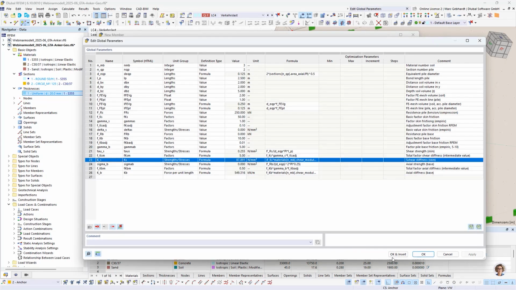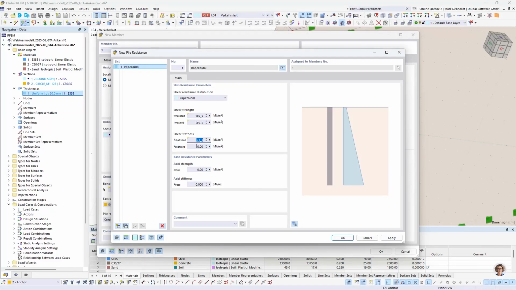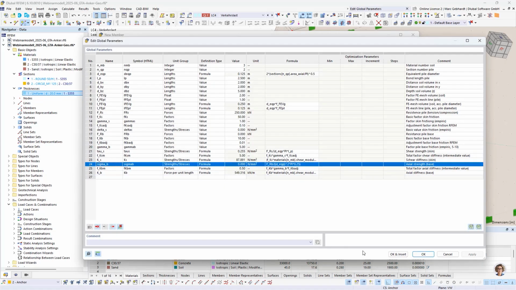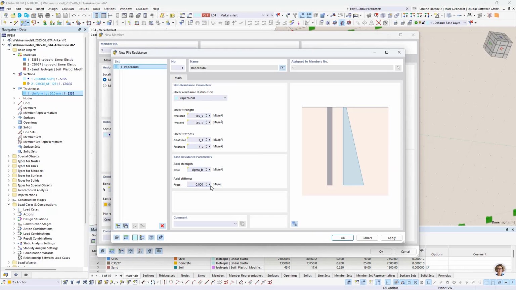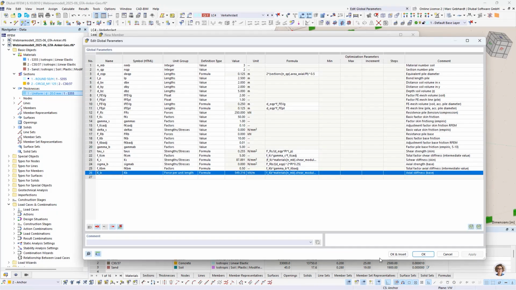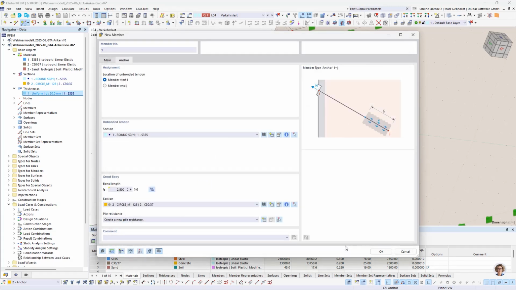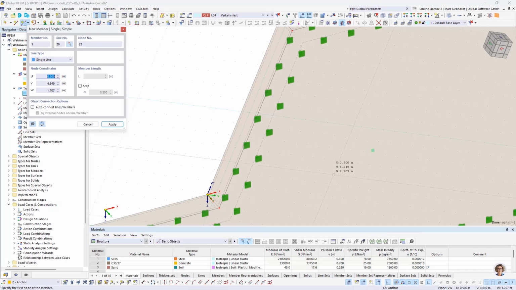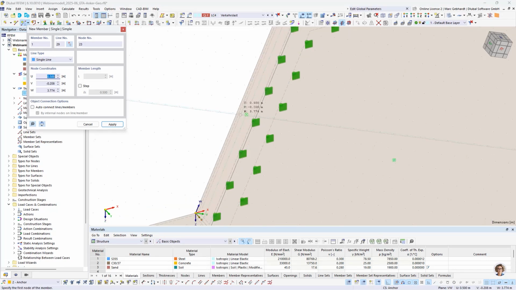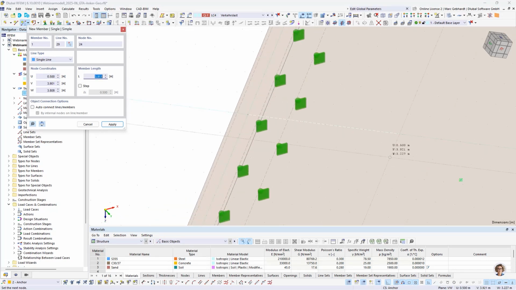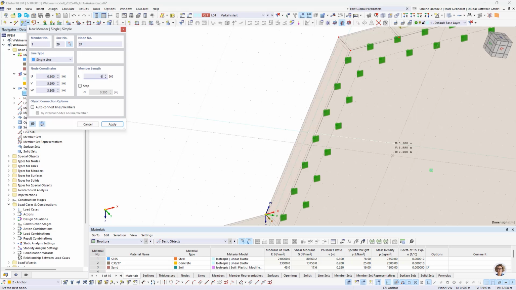Search for Ks, insert them, can also copy and paste. And for the pile tip, also it's 0, we insert also sigma b and kb here. So we check the values again and see that's our calculated values. Go to OK and make a 6 meter long anchor.